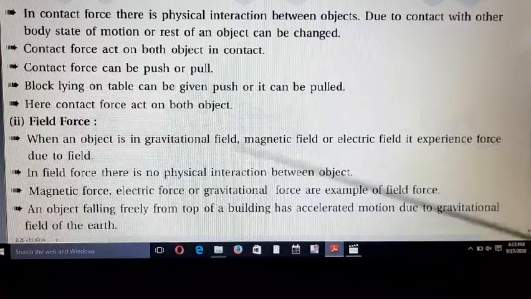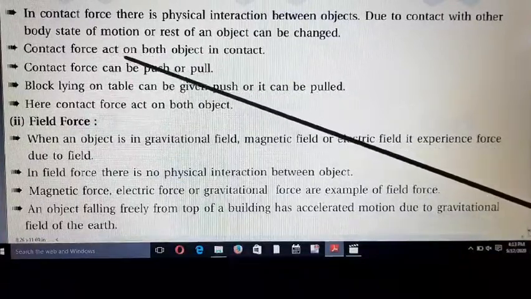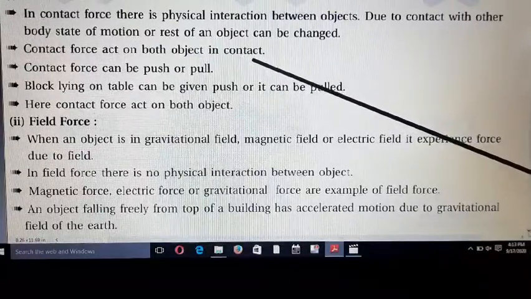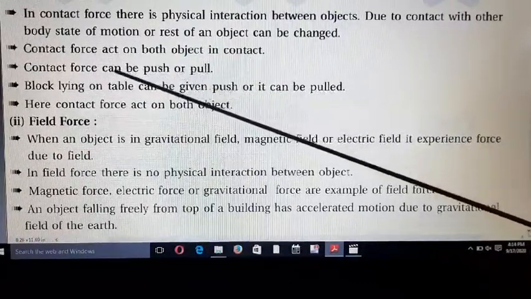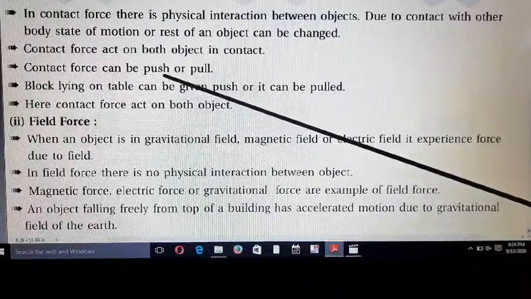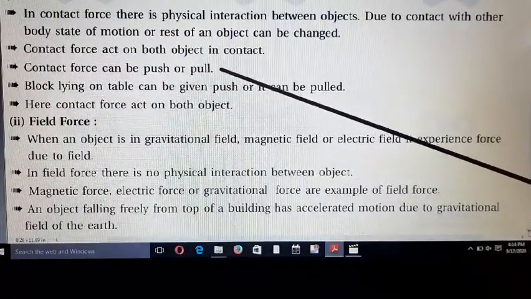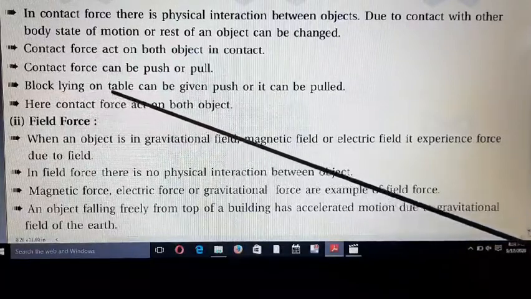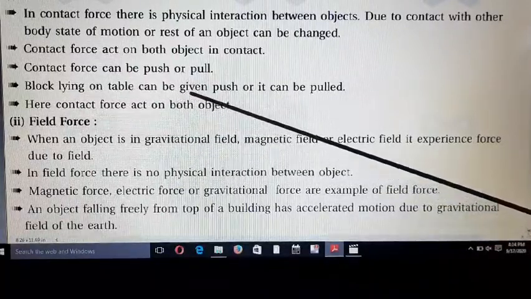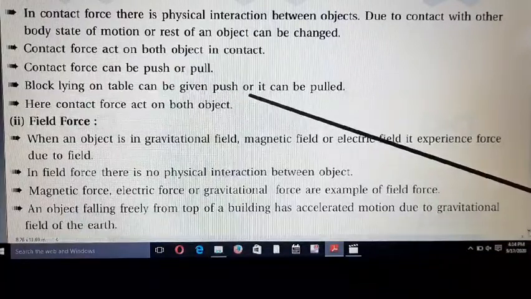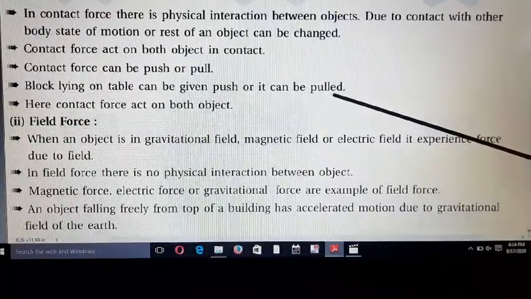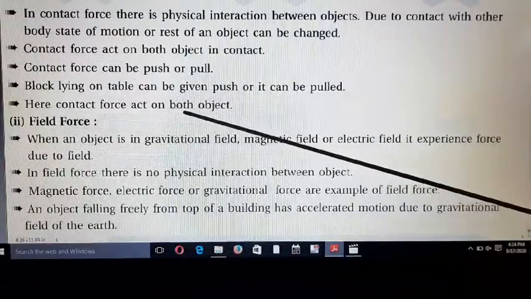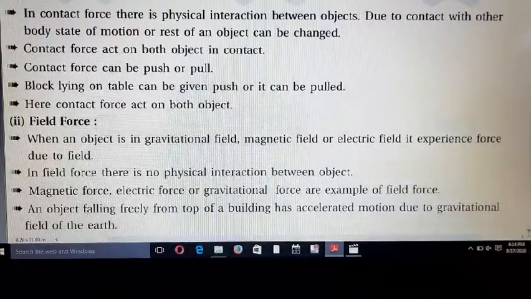Second point, contact force acts on both objects in contact. Contact force can be push or pull. A block lying on the table can be given a push or it can be pulled. Here contact force acts on both objects.